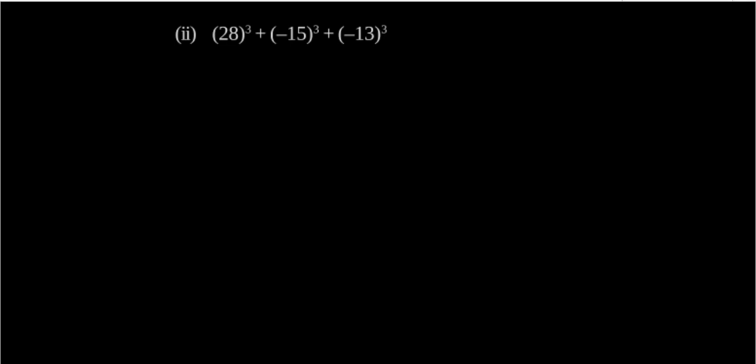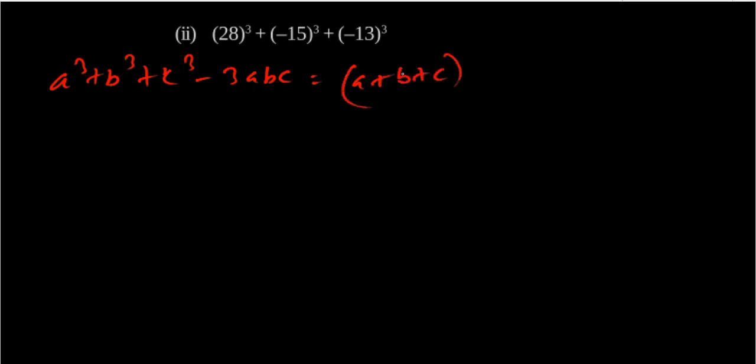Next problem, 28 cube plus minus 15 cube plus minus 13 cube. It is having a cube plus b cube plus c cube. So, it is of the form a cube plus b cube plus c cube minus 3abc equal to a plus b plus c into a square plus b square plus c square minus ab minus bc minus ca.